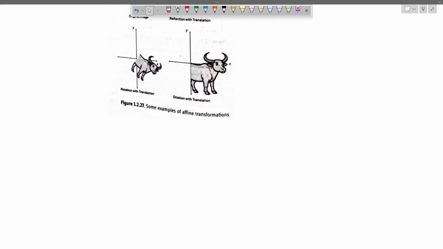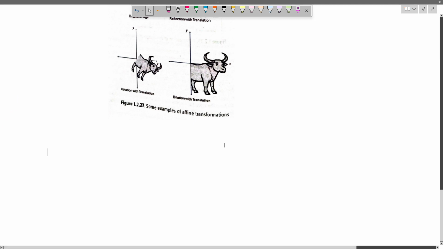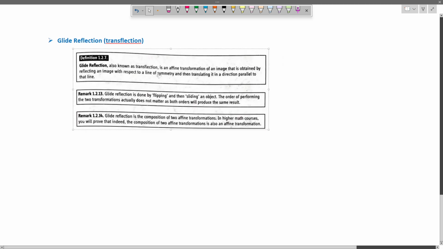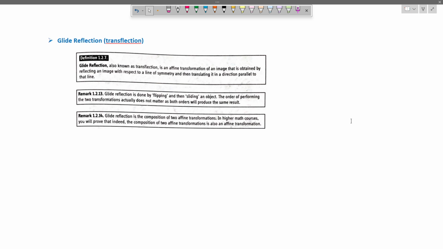Next, glide reflection, or transflection. This is defined as an affine transformation of an image that is obtained by reflecting an image with respect to a line of symmetry and then translating it in a direction parallel to that line. So a glide is done by flipping, then sliding an object.